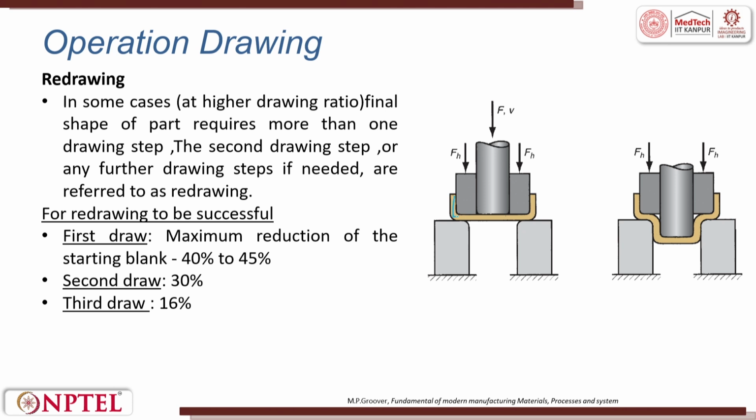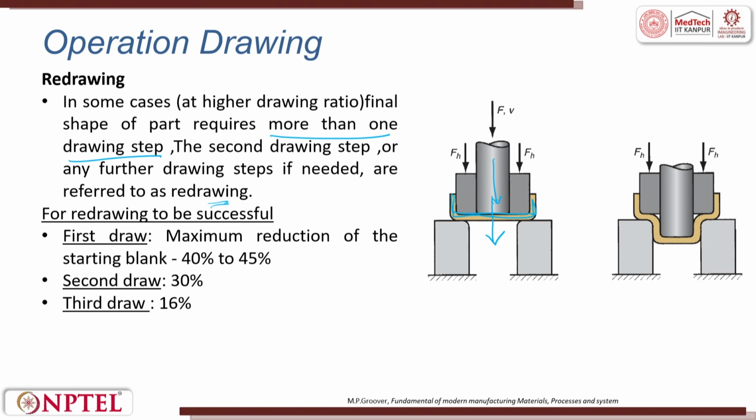Redrawing means you generate a cup and then put one more step to create a further drawing. In some cases the final shape of the part requires more than one drawing step. First you created this, then you created this. The second drawing step or any further drawing step, if needed, is referred to as redrawing.